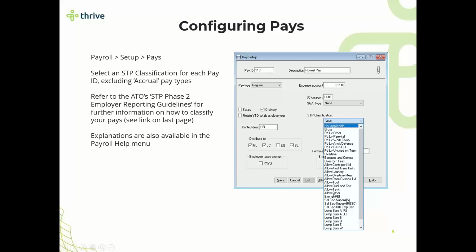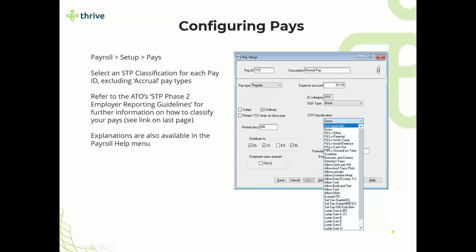If you do pick allowance other, that is the one case where you still need to go into the old STP options screen under the tools menu. Basically, we've moved away from the need for so many formulas. We had to, when STP Phase 1, the first one came out, a lot of customers needed a lot of formulas written to be able to produce the figures on their STP file.